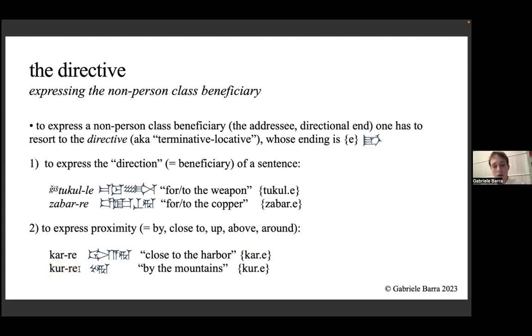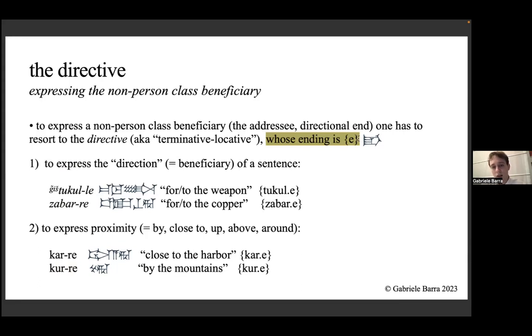Kurre, by the mountains. Or mountain, again, no plurals, and with non-person class nouns, they're indistinguishable. So kurre, on the mountain, by the mountain, not inside of the mountain. You would use the locative for that.